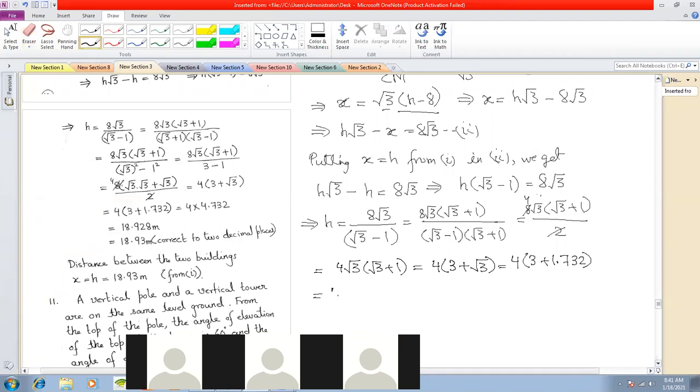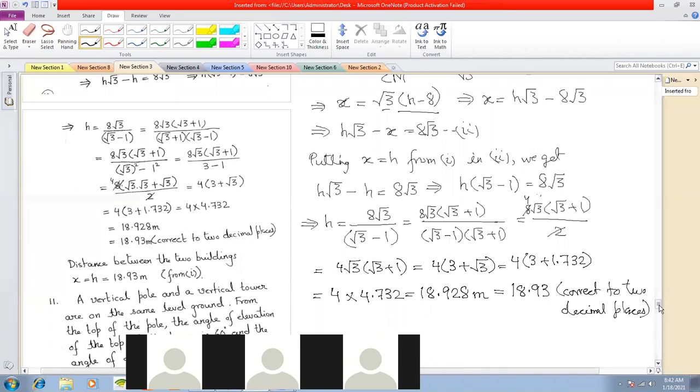So you get 4 into 4.732, which is 18.928 meters. You have to express the answer correct to 2 decimal places only, so you'll round it off to 18.93 meters, correct to 2 decimal places.